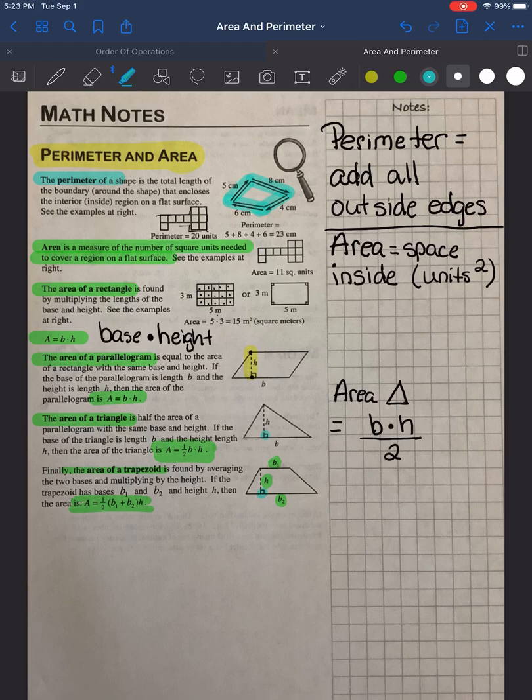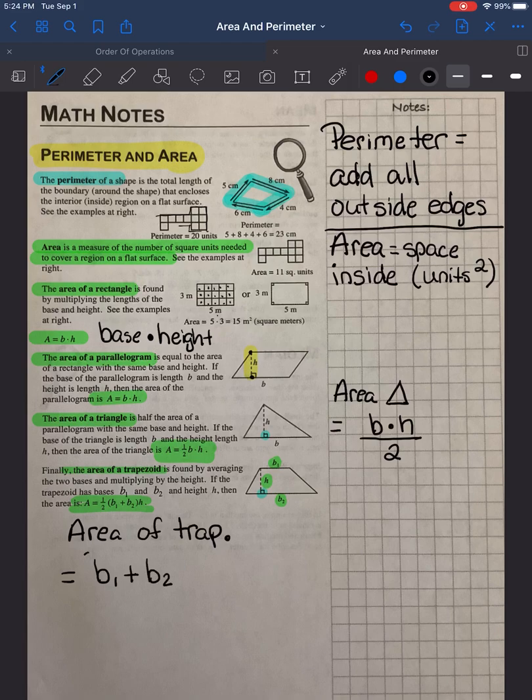Okay, well, just like with the other formula, I'm going to write this one here. Area of a trapezoid, and I'm going to abbreviate because you get to do that in notes, is equal to, one way we can do this, kind of like what we did with the triangle, is say, okay, base 1 plus base 2. It's just the bottom and the top.